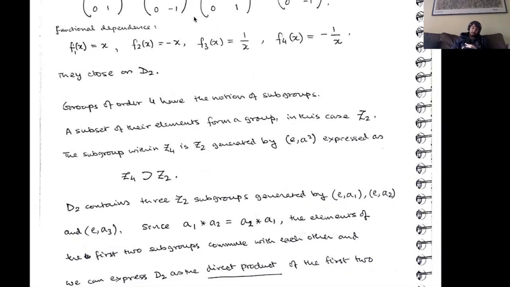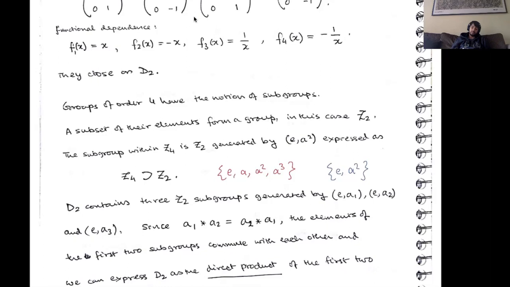So remember that what we had in Z4 was E, A, A squared, A cube. So you can have a subgroup which is E and A squared, and this particular thing forms a subgroup.